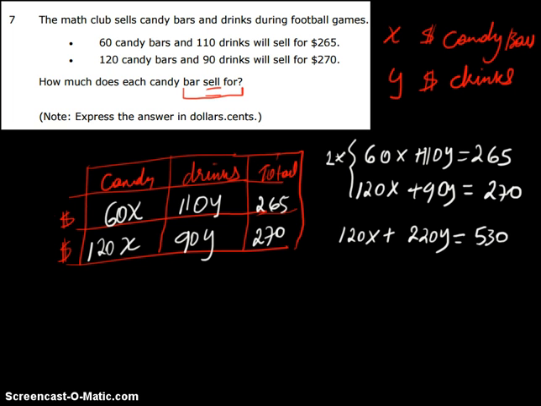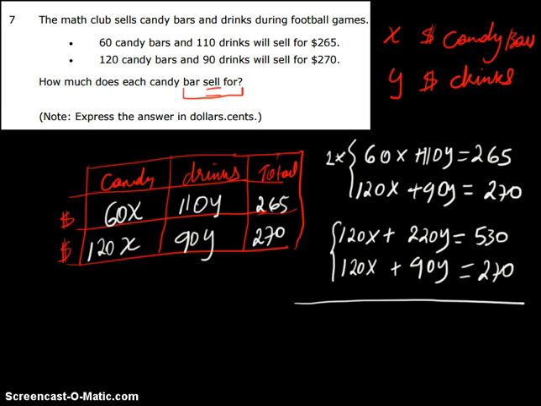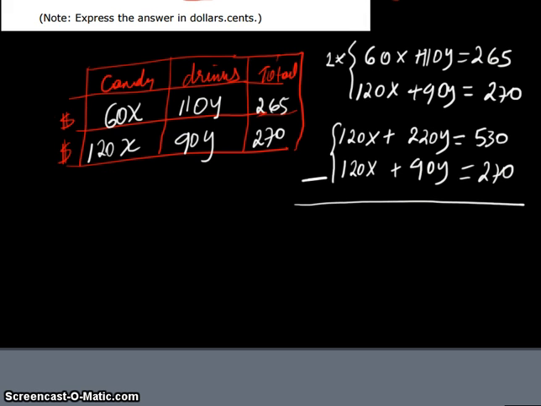Just make sure that you multiply everything by 2, because if you only multiply the x, it's going to change the equation. The second equation remains the same: 120x plus 90y equals 270. Now we can subtract the second equation from the top equation, and then 120x minus 120x, they cancel out.